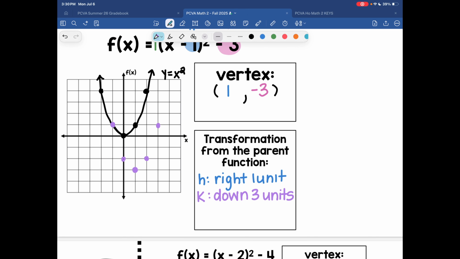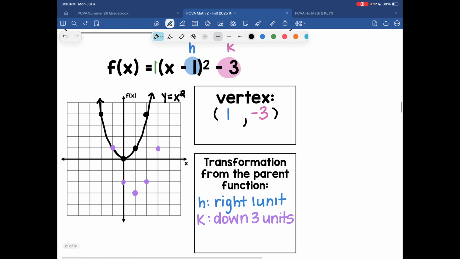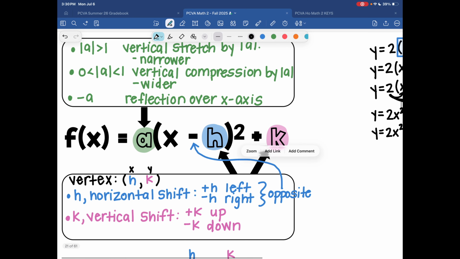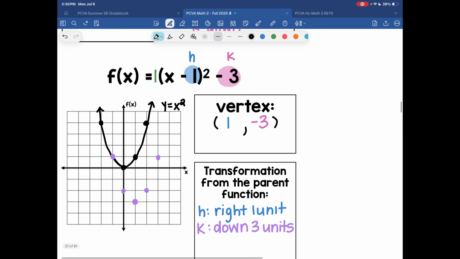So if I were to actually graph all of these together, I should also be able to see that there's going to be no vertical stretch and no vertical compression, because I have an A value of 1. So that A value of 1 doesn't change whether it's going to get thinner, narrower, or wider. We just shifted it to the right by 1 and down 3 units.